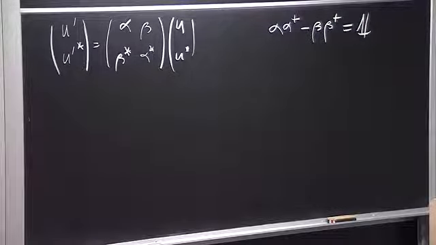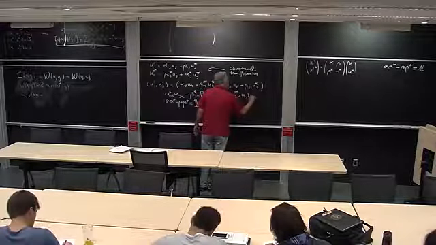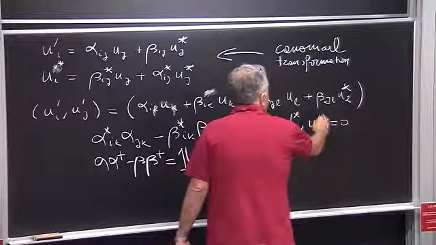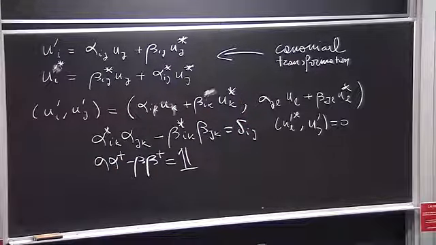Okay. The second condition comes from asking that u prime star e uj equal 0 prime. Okay. So this is the second condition here. This condition here.